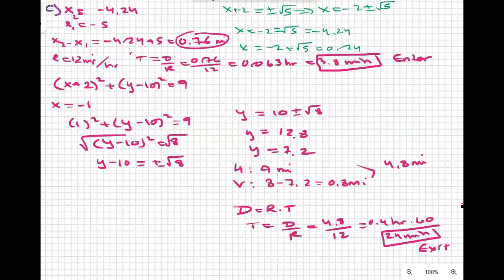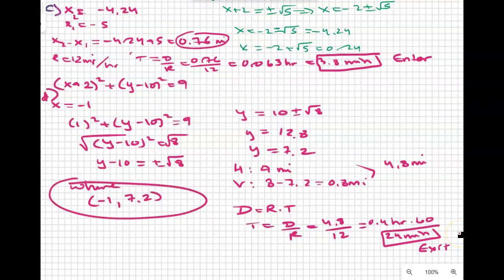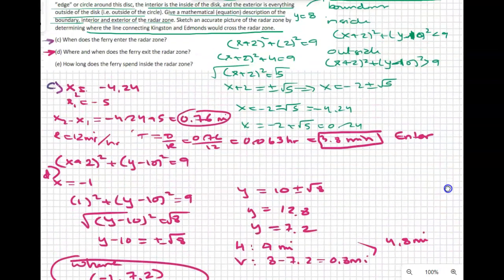Where is when x equals -1 and y equals 7.2, sorry. That's the where, and that's the when: 24 minutes after it leaves Kingston.